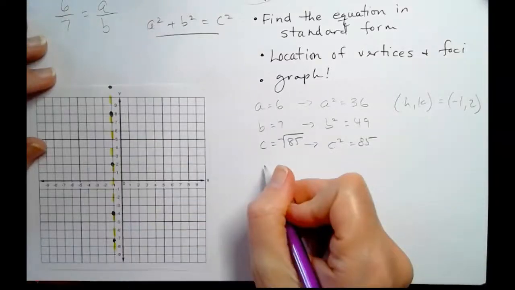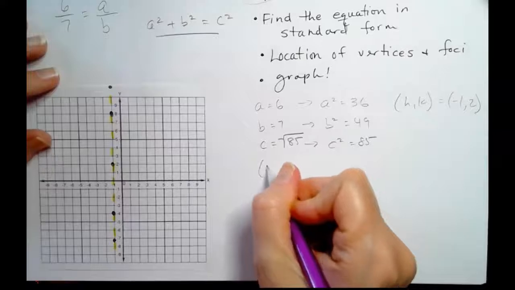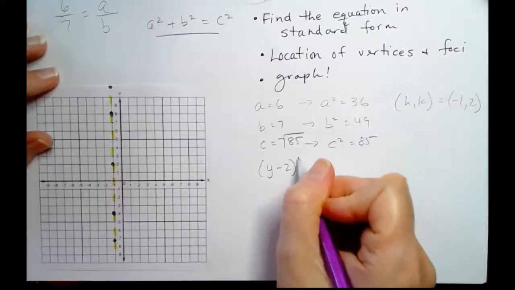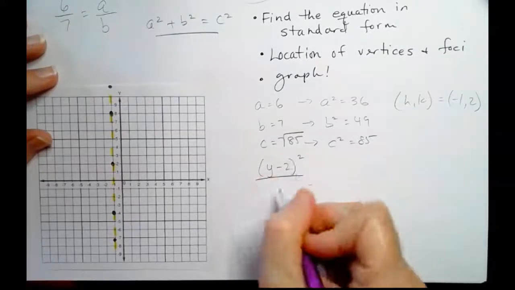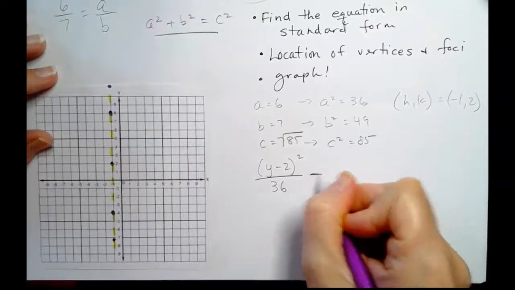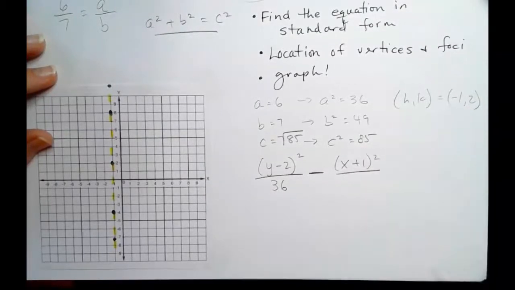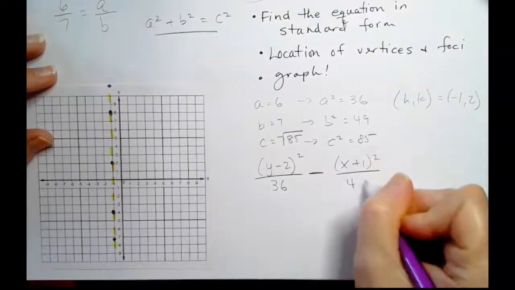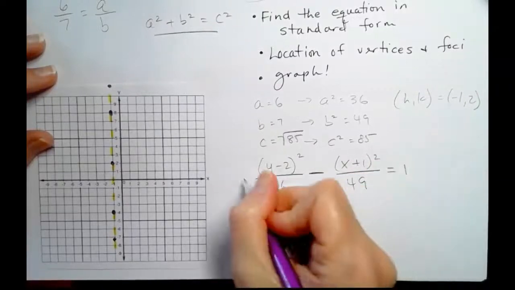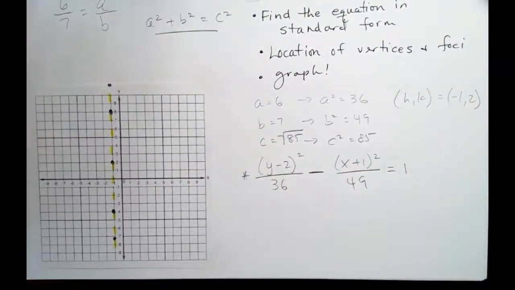This is vertical, so once again, y needs to come first. So y minus 2 squared over a squared, which is 36, minus x plus 1 squared over b squared, which is 49, equals 1. So that's the first answer that we were seeking.